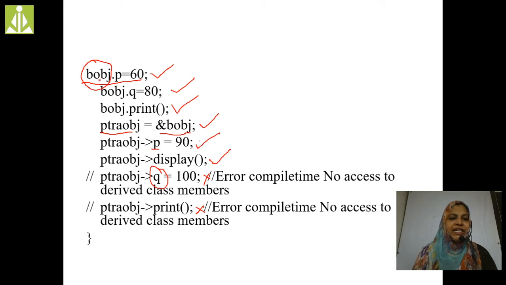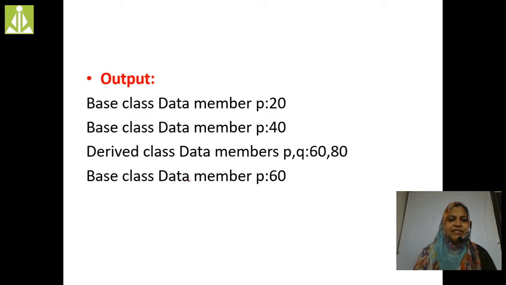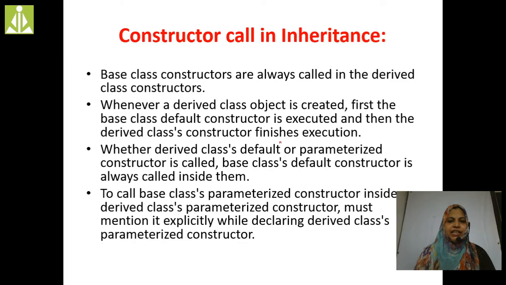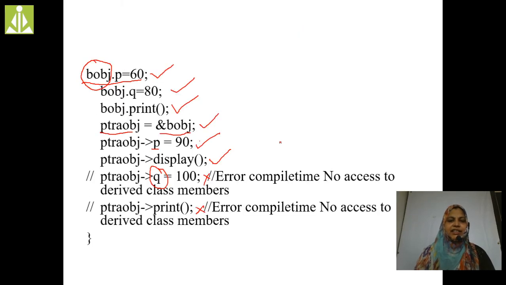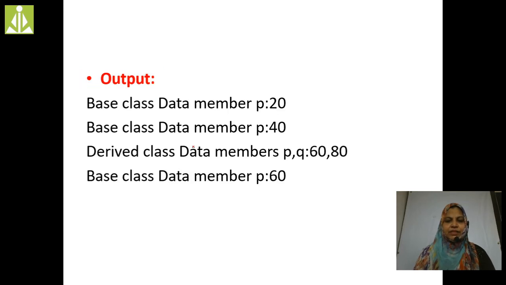See here, bobj.p is 60, q is 80. So the derived class data members p comma q are 60 comma 80, right? Again the display function is there. By using this display function we are going to get the base class data member 60, where the base class pointer is 60.